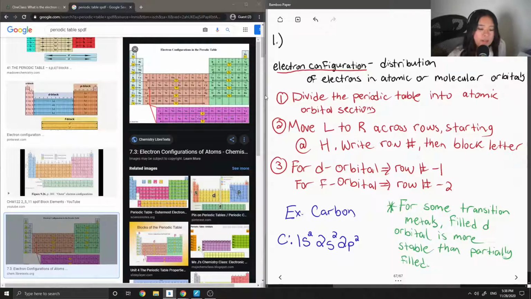So sometimes when you have an ion, and let's say it ends in 4s1, 3d9, or 4s2, 3d8, you can also write it as 3d10. So sometimes that is the preferred electron configuration. That's just an example.